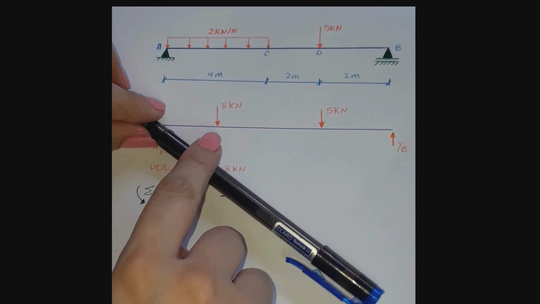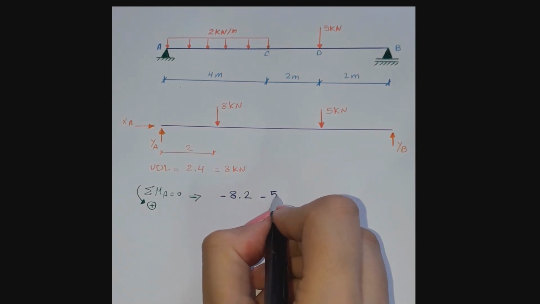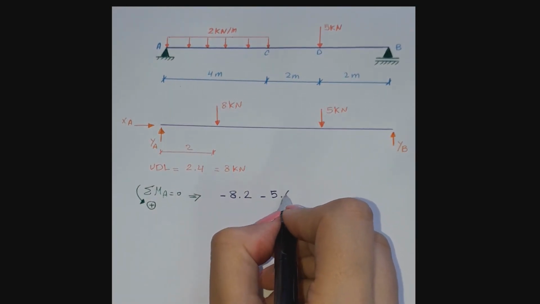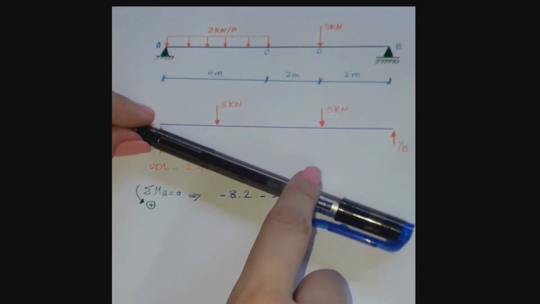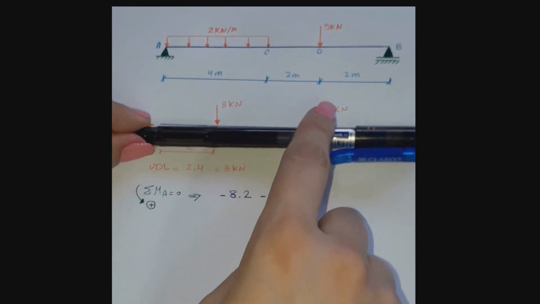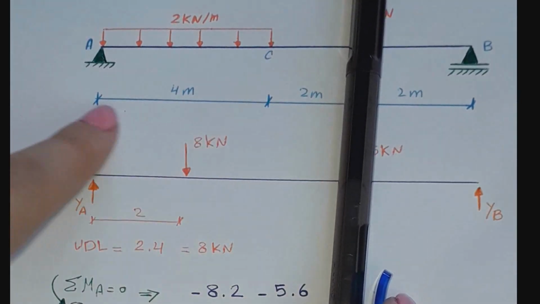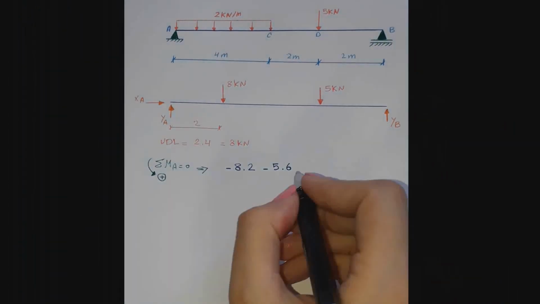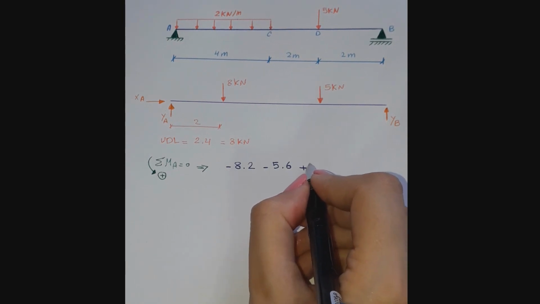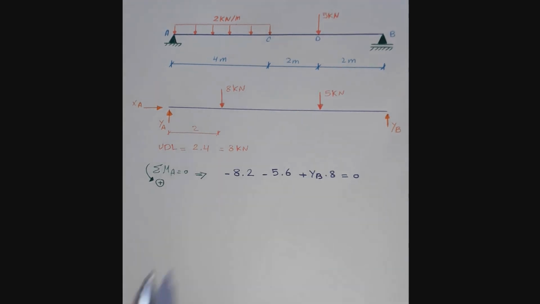This 8 makes the beam go clockwise, so the moment is negative. We have also minus 5 multiplied by 6, negative because the 5 makes the beam go clockwise, and 6 is the perpendicular distance between point A and the point load. Then we will write plus YB multiplied by 8 equals 0.